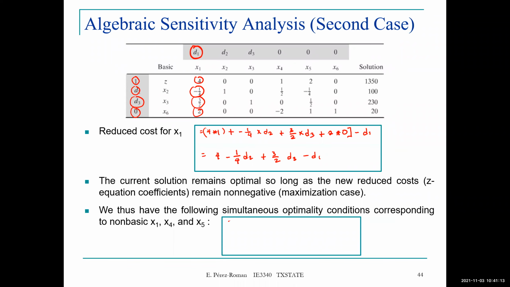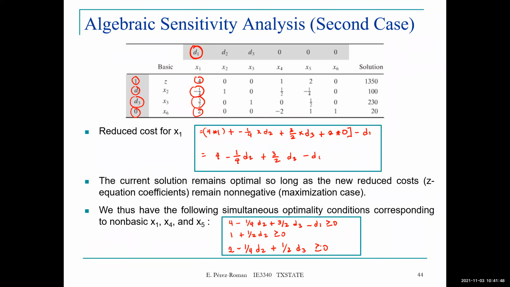So those are 4 minus 1/4 D2 plus 3/2 D3 minus D1, and these have to be greater or equal to 0; 1 plus 1/2 D2 greater or equal to 0; and 2 minus 1/4 D2 plus 1/2 D3 greater or equal to 0.